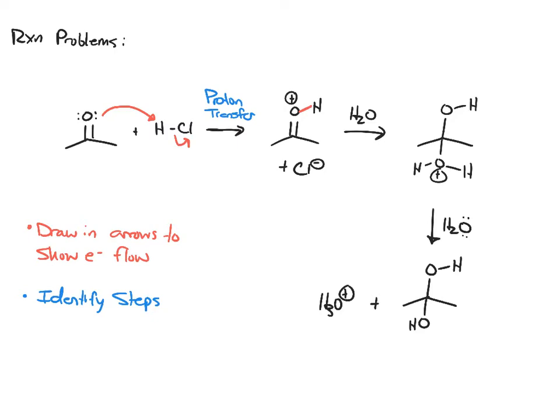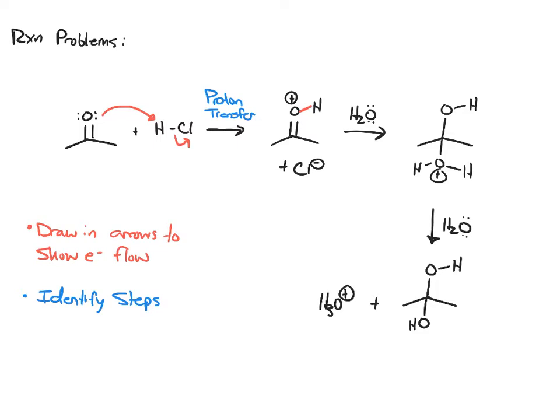Now look at this individually and try to figure out how we can start with this positively charged species here and add water to that and get this product. So water, you have the lone pairs on the oxygen that can act as a nucleophile.